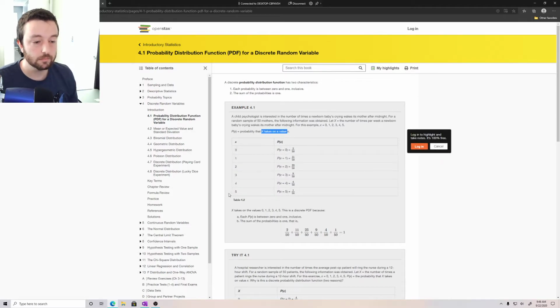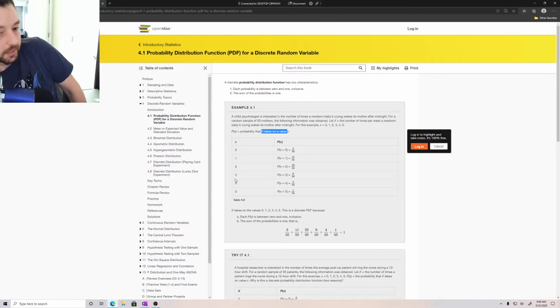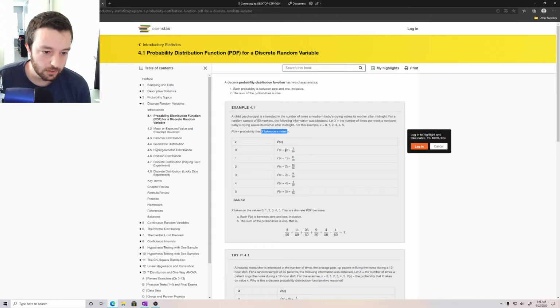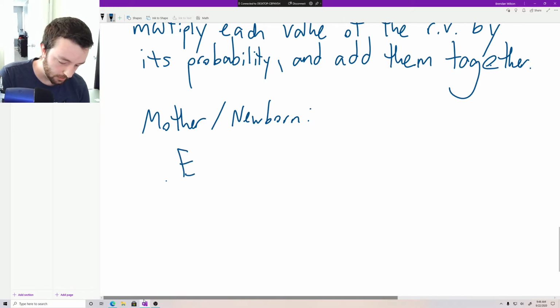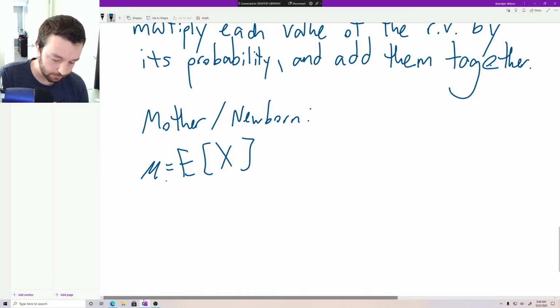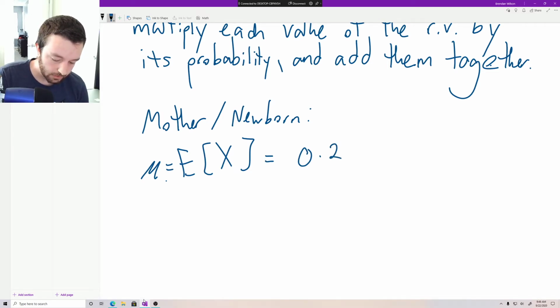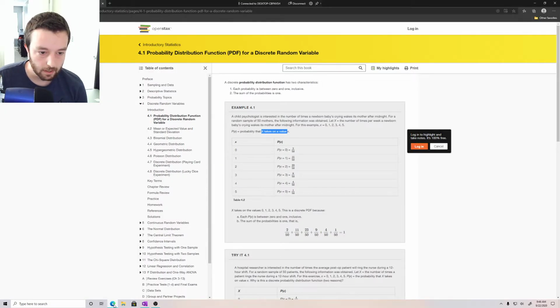All right. So we have the probabilities and the values. Again, these are the values, the 0, 1, 2, 3, 4, and 5, and these are the probabilities. So we're looking for the long-term average of how many times the newborn baby wakes the mother. So first we do 0 times 2 over 50. So here's our expected value, or you can write mu, doesn't matter. 0 times 2 over 50 plus 1 times 11 over 50.